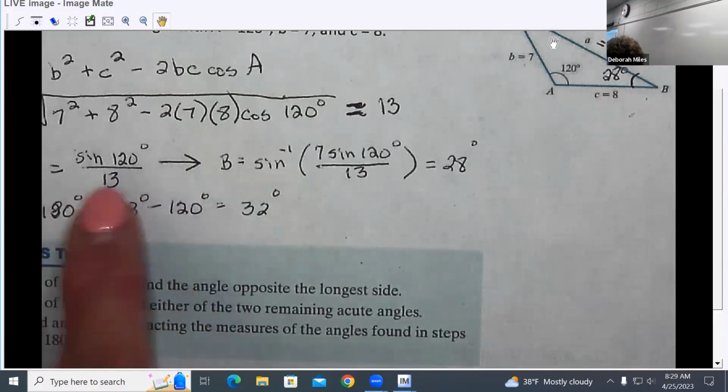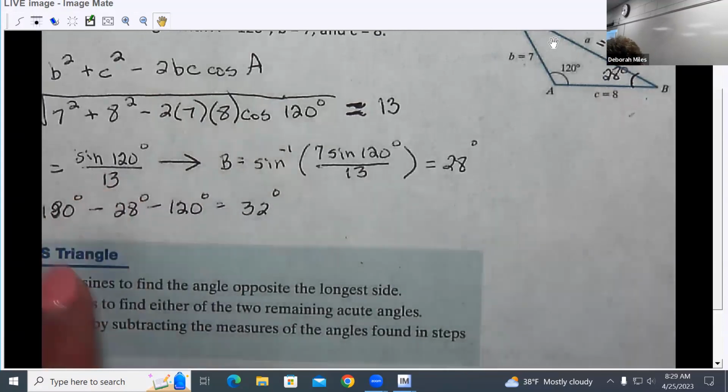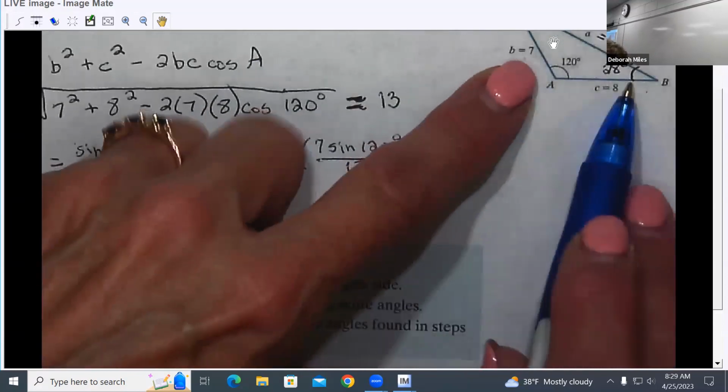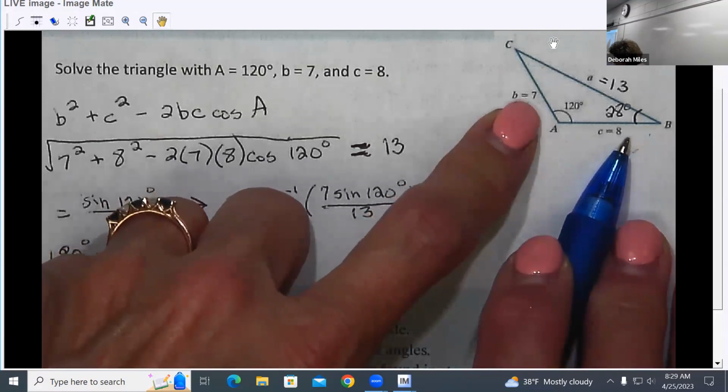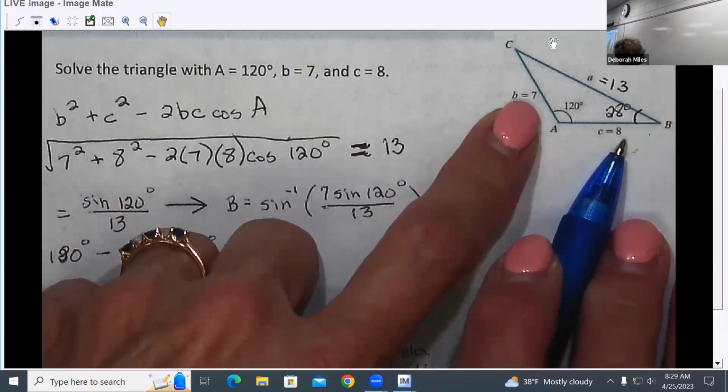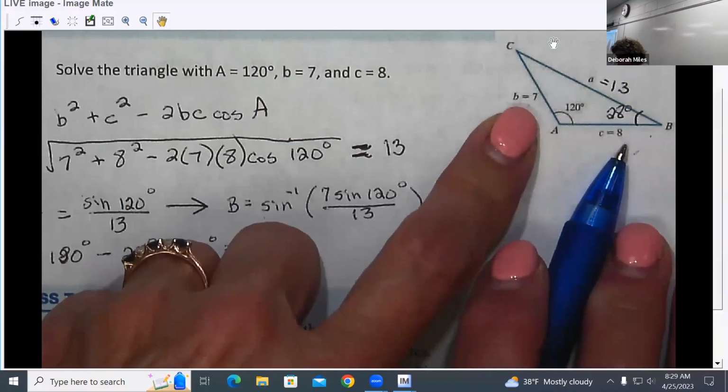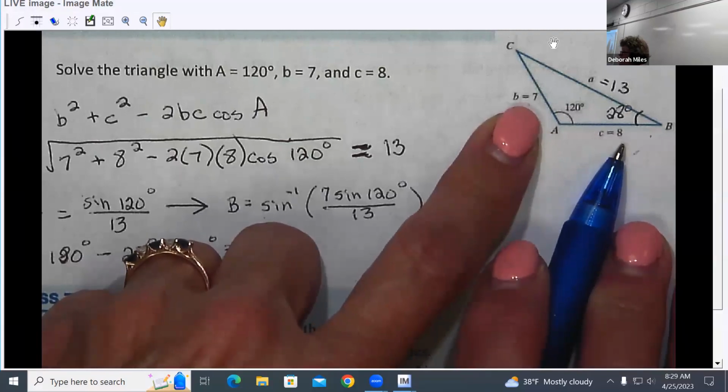In the step where we use the law of sines, we said the angle opposite the shortest side always has to be acute. If we can narrow it down to where we're definitely looking for an acute angle, then we don't have to worry about the ambiguous case.